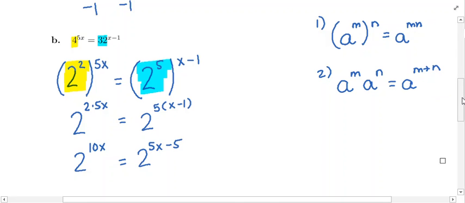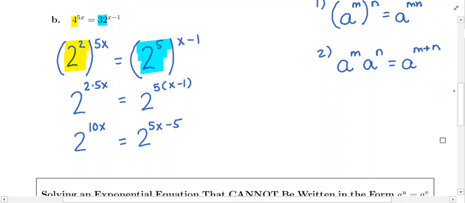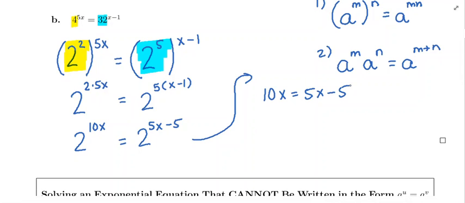Now we have a power of 2 equal to a power of 2. The only way that can happen is if the powers are equal to each other. So we're going to set 10x equal to 5x minus 5. It's linear, the highest power of x is 1. It's no longer exponential, so that's good.